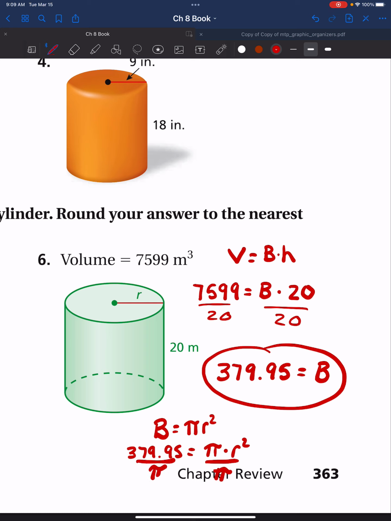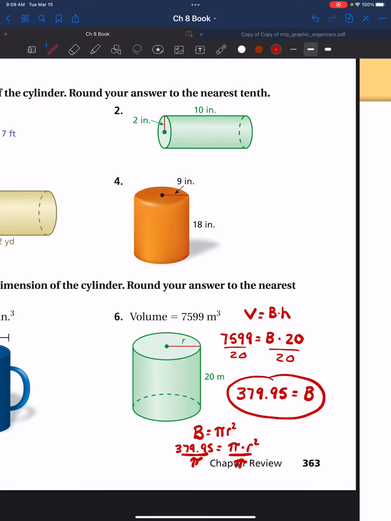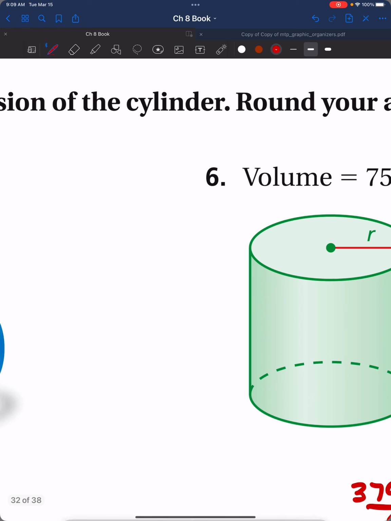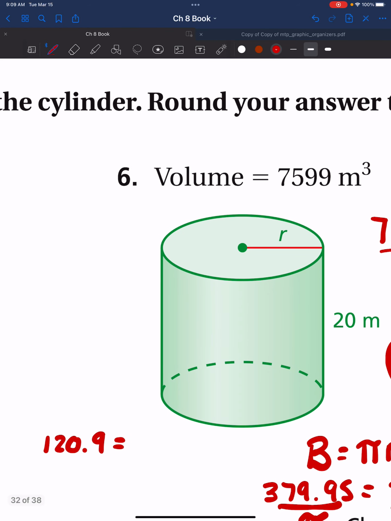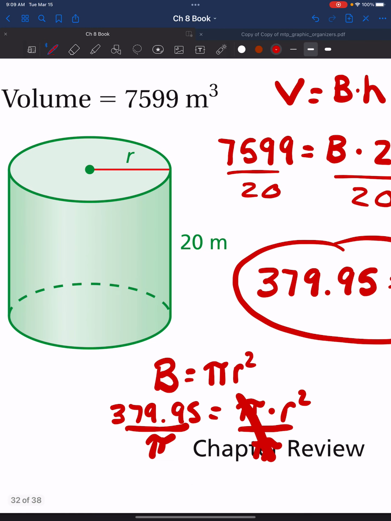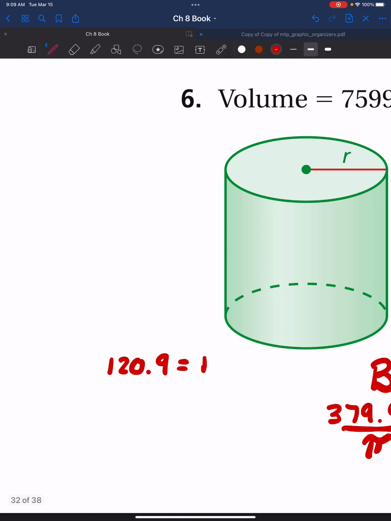The opposite of being multiplied by pi is to divide by pi. So in my calculator, I still have 379.95. I'm going to just go ahead and hit divide by pi. Okay, I'm going to move over here because I'm running out of space. After dividing by pi, I got 120.9, and that equals, what am I left with over here? These pi's are gone, just r squared.